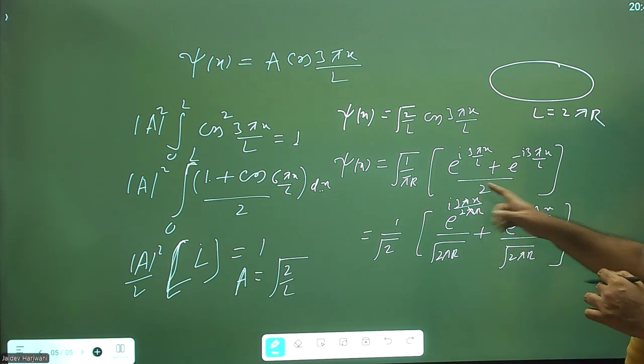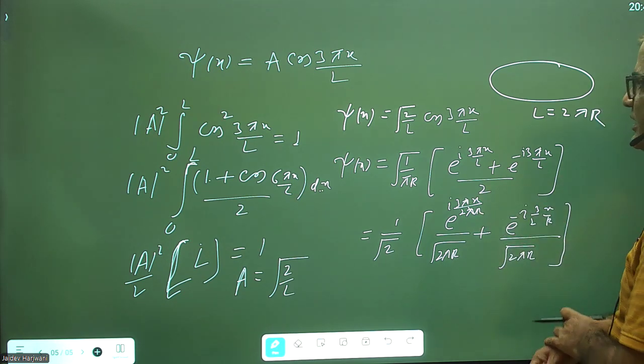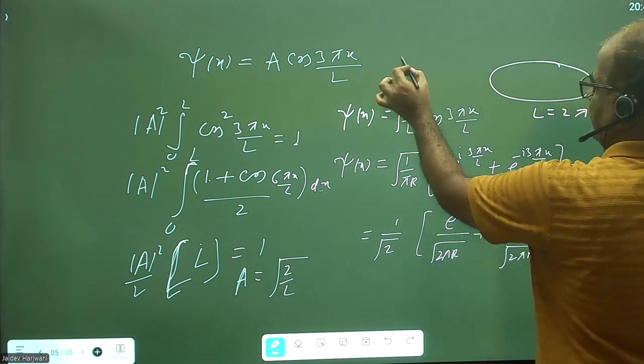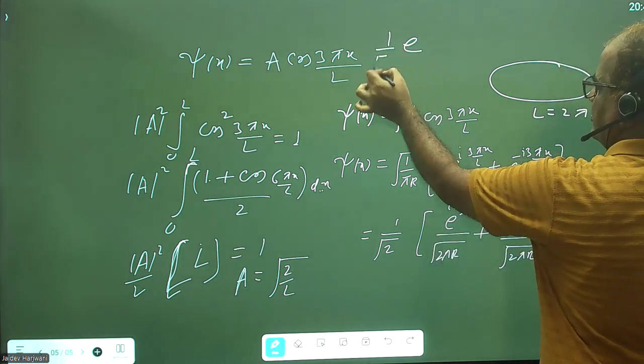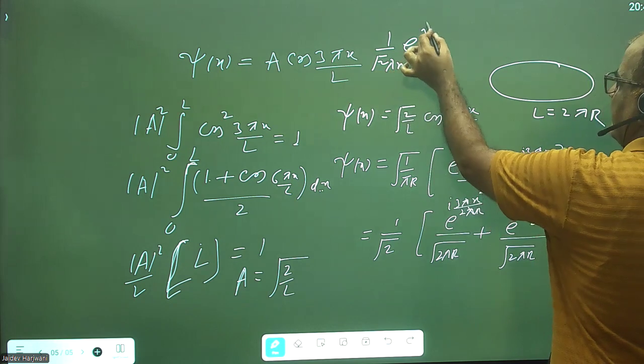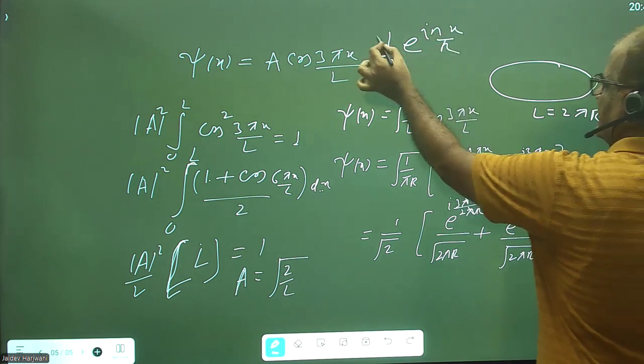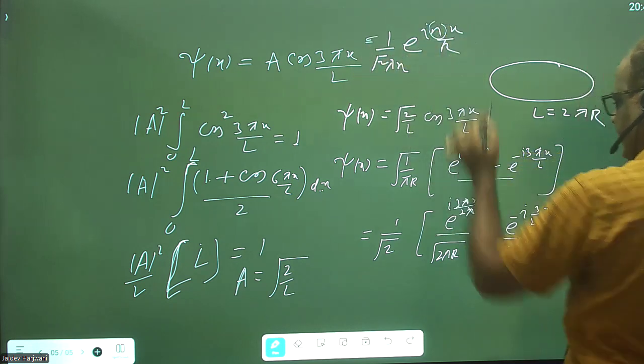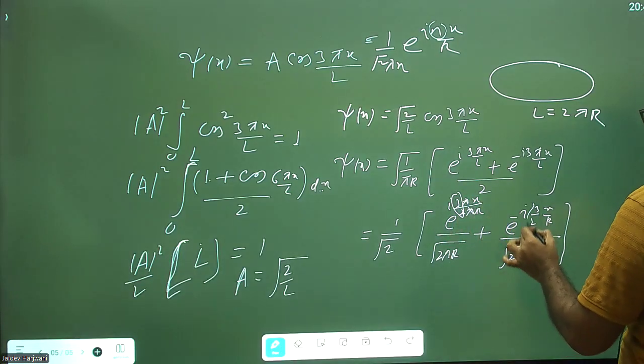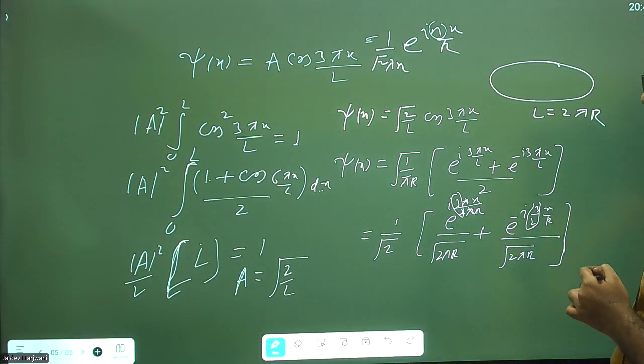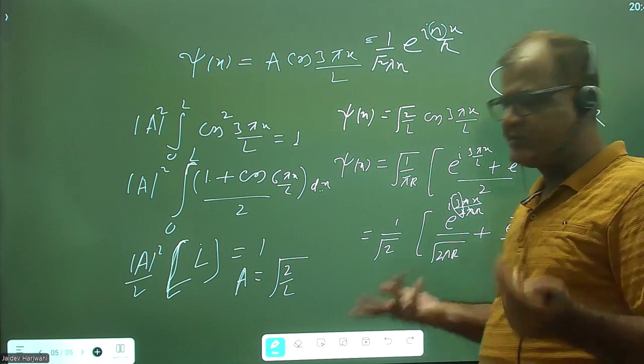Now, what is the value of n if we compare with our function? Our function was 1 upon root 2πr e^(iota nx/r). So here the n values are 3/2 and minus 3/2. Only these two values are possible.